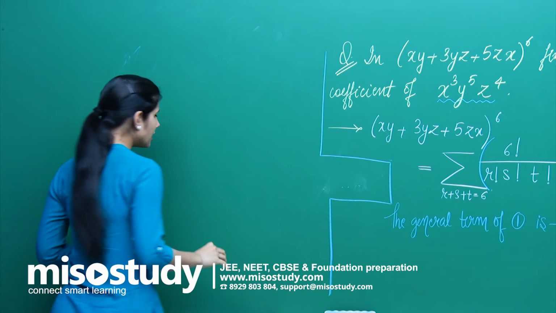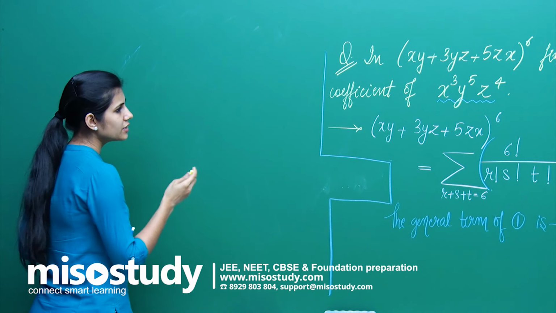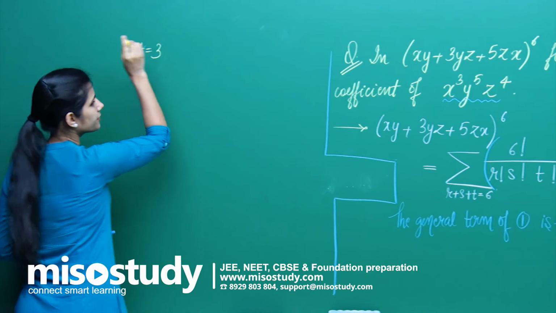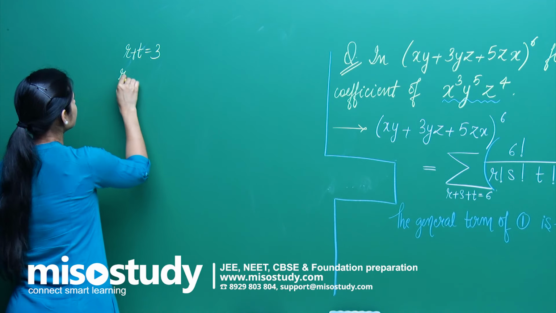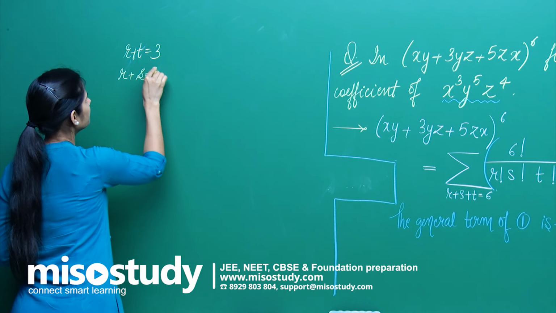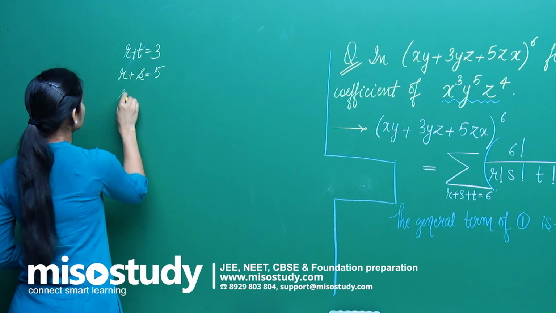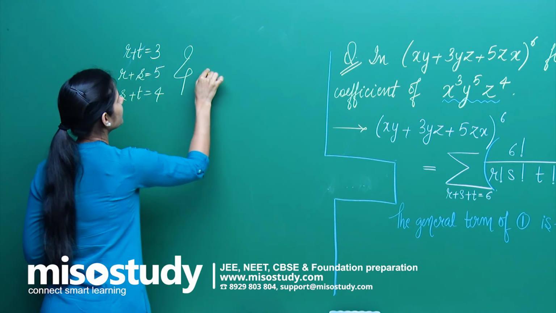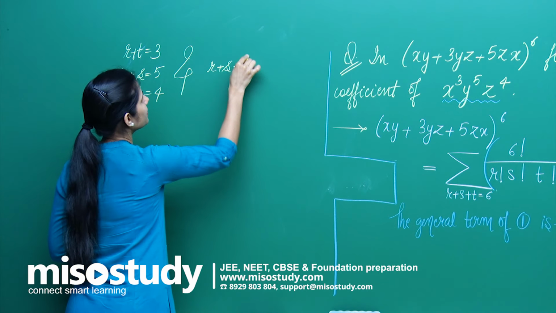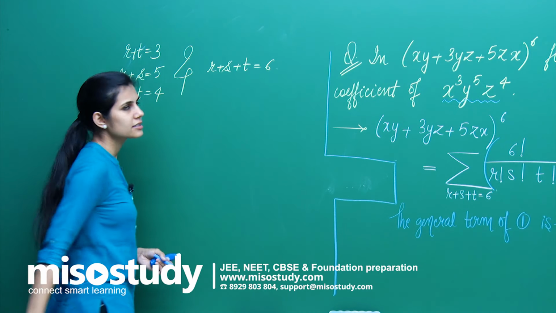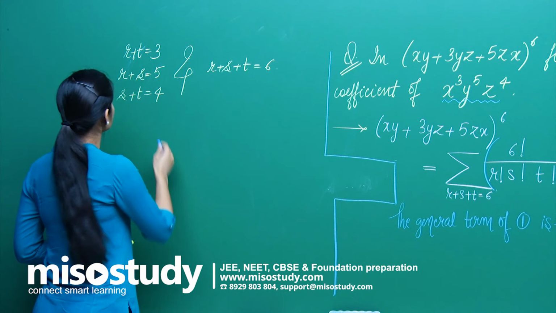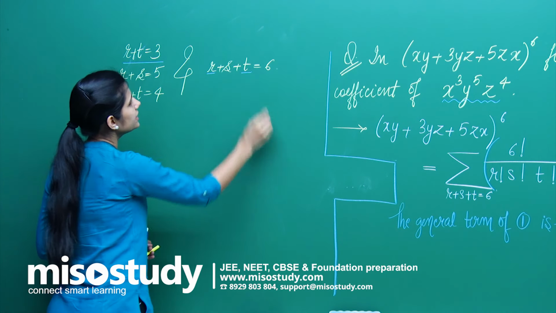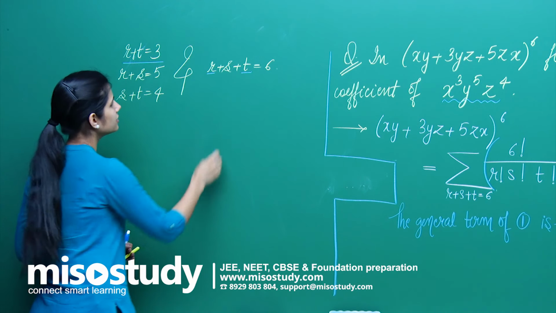So, I want such an r, such an s and such a t such that r plus t is 3, then r plus s is 5, and s plus t is 4, and r plus s plus t is 6.